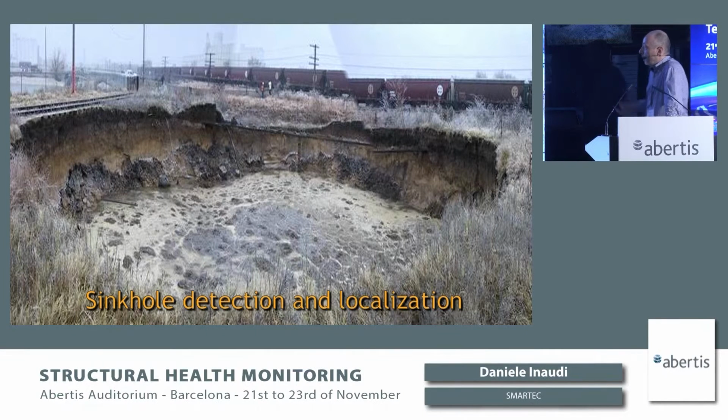So for example, we have instrumented an area that is prone to sinkholes. So you see this huge sinkhole that has basically taken away one of the train lines. In this case, an event like this one, it's obviously very dangerous. And if you can detect it early on and you can stop the traffic, then you can have an immediate benefit in terms of safety and security.